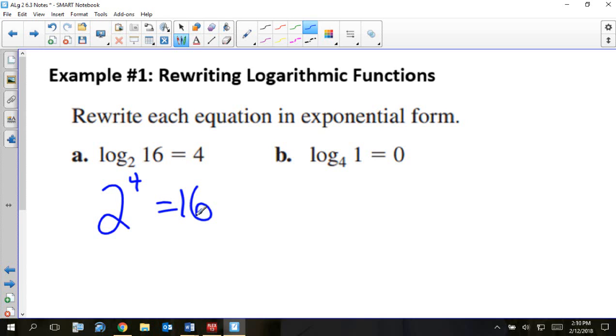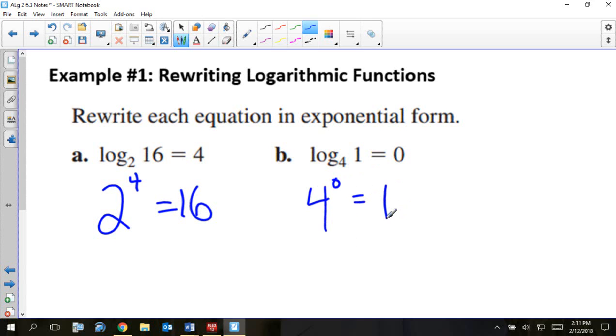Please don't say I don't know, because we're doing 2 times 2 times 2 times 2. It's true. Okay, if it equals, then you probably did it right. So this one, let's read it. Log base 4 of 1 equals 0. What's my base? 4. So what exponent?